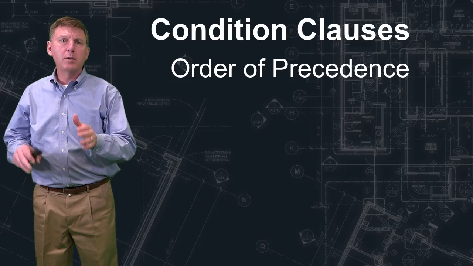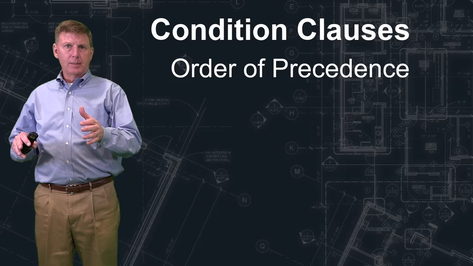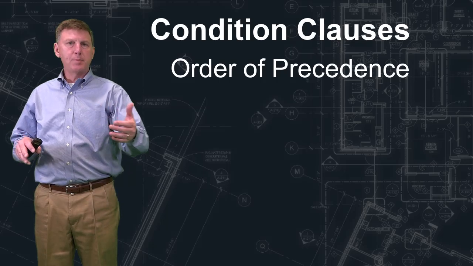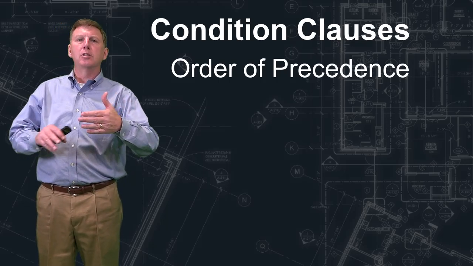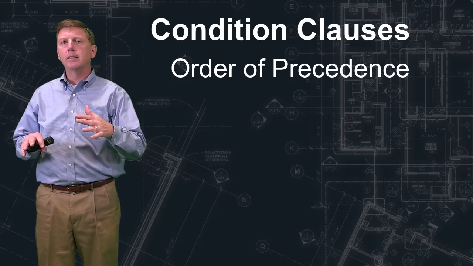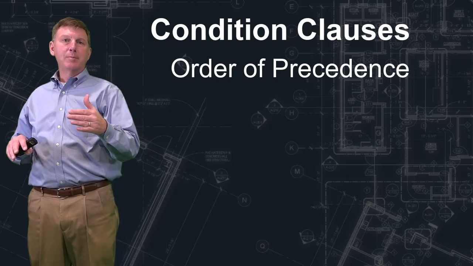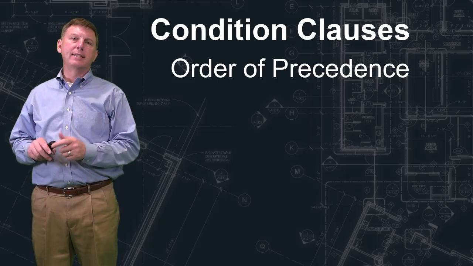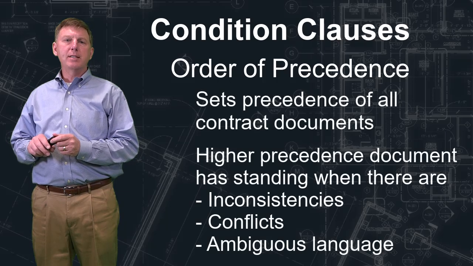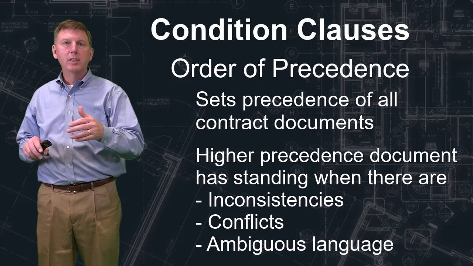So let's say you're out working on a project and you find a discrepancy in the contract documents. For example, let's say the specifications tell you that certain things should be a certain way, and the drawings actually tell you that they should be a different way. Well, that conflict could be handled if the contract documents include an order of precedence clause. An order of precedence clause will rank order the documents in precedent order.